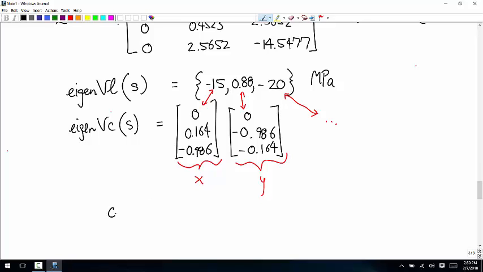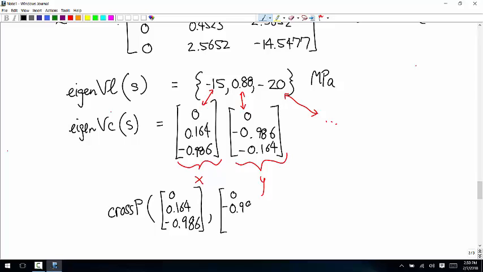So the cross product of this and this gives you the z-axis of your new coordinate system, your principal coordinate system, expressed in your old coordinate system.